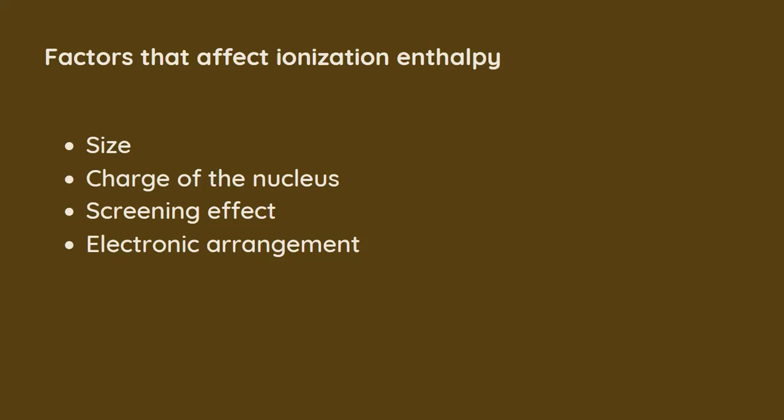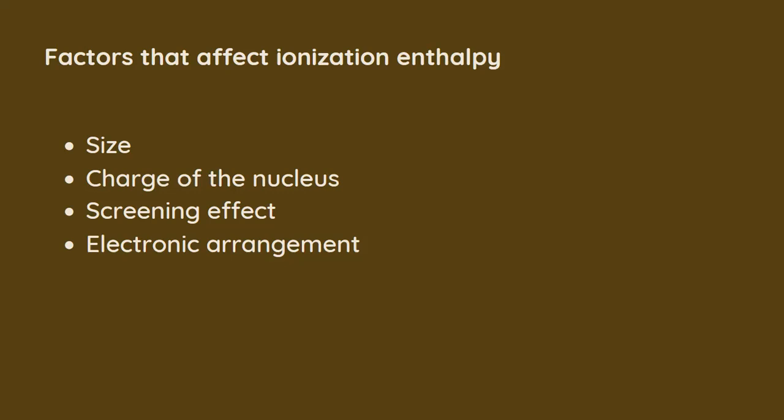What happens? The outermost electrons are shielded from the nuclear charge by the inner electrons. And so the effective nuclear charge on the outermost electron is less because of these electrons. And so they are not as tightly held as the inner ones, and thereby the ionization enthalpy will decrease because it's easier to remove these electrons.